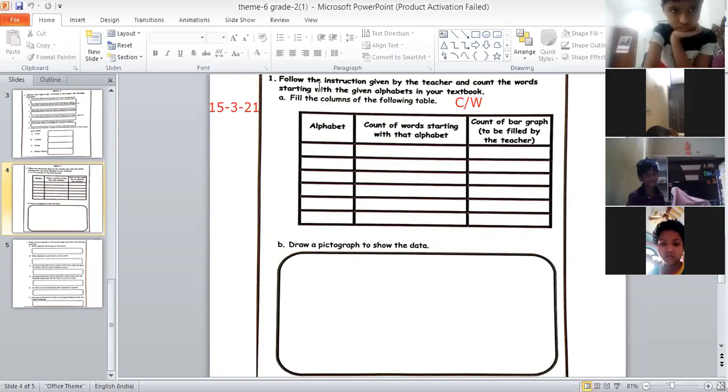Okay, next line. Fill the columns of the following table. Shreyas, you need reading practice, a lot of reading practice. Kindly start that. Okay, thank you, Shreyas. Thanks for reading.